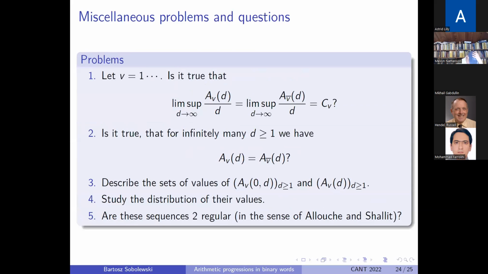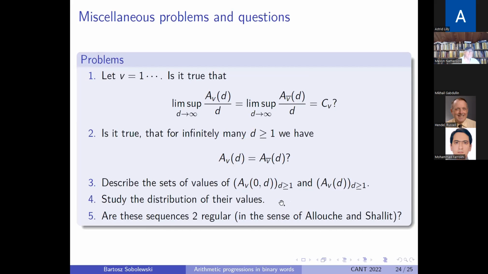And some problems and questions that came to mind when I was looking at the experimental results. So maybe I will not describe them in detail.